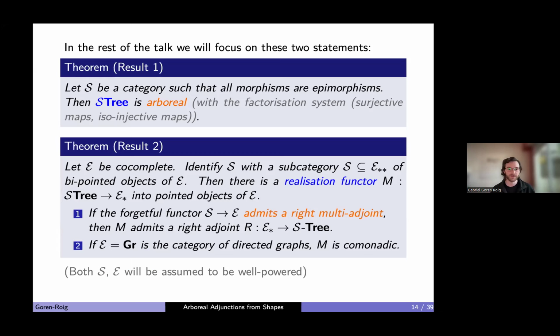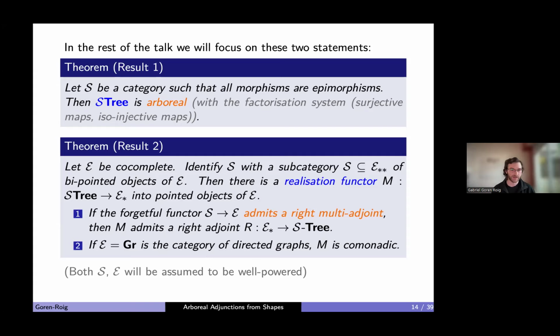That's the first result. It doesn't really talk about any extensional objects. It's just a category where the objects, we choose to call them shapes, that's all. There is a caveat that arboreal categories actually require a factorization system, so I have to explain which factorization system I'm going to impose on this category in order for this to make sense. That's the first part.